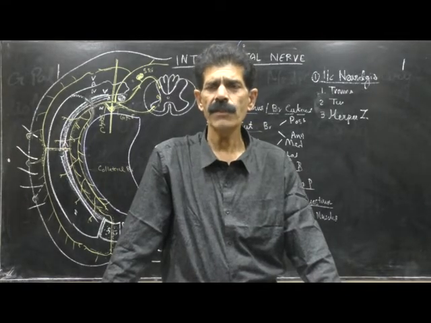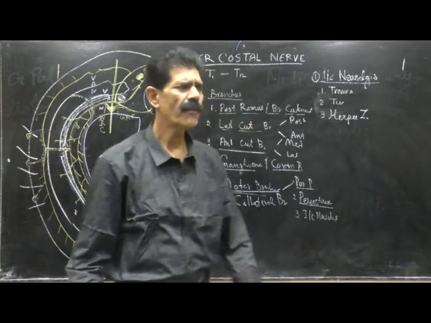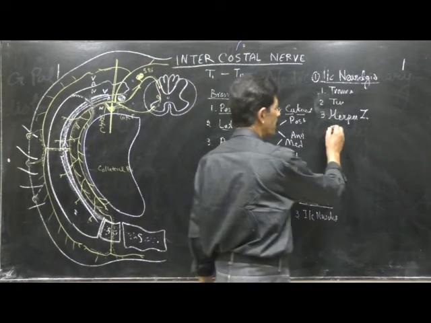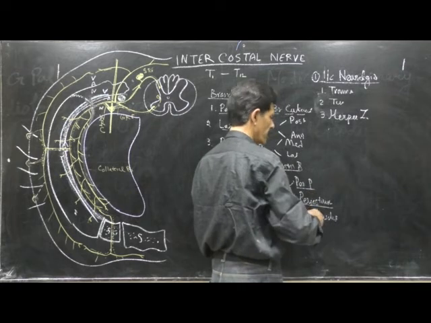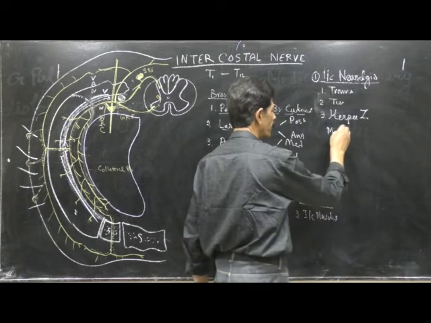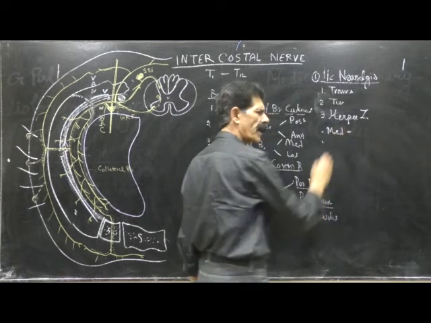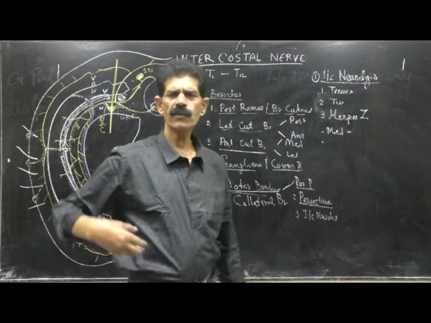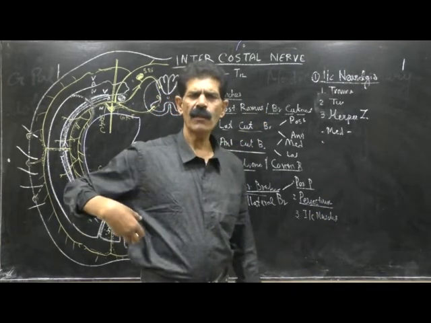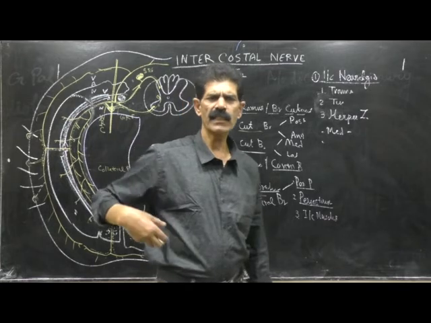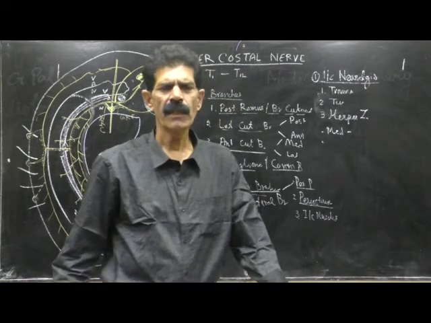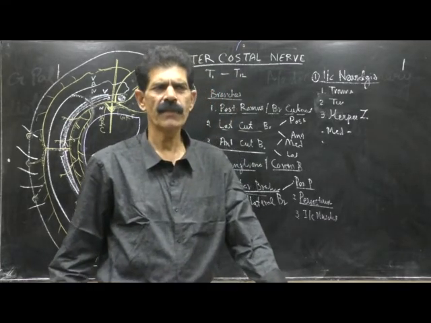Now regarding the treatment of intercostal neuralgia, first we give medical treatment. Painkillers are given, or some soothing calamine lotion may be applied over the skin to minimize irritation of the skin.